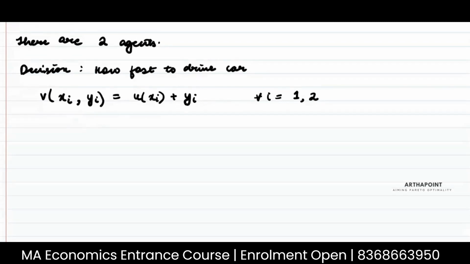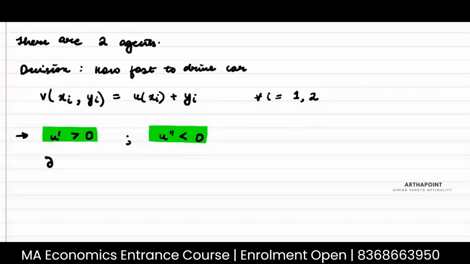And let's say that we also assume two additional things. We are assuming that u dash is greater than 0, but u double dash is less than 0. By now, you should be able to interpret what this means. When I say u dash is greater than 0, I am saying how my utility changes as x changes.